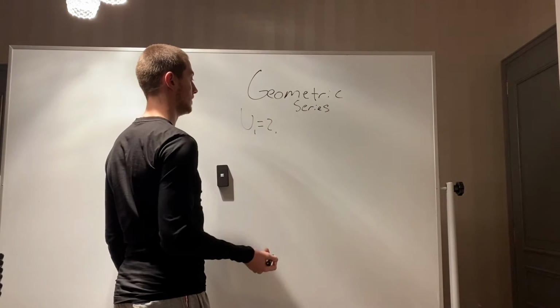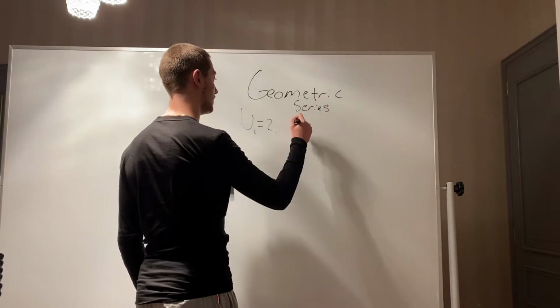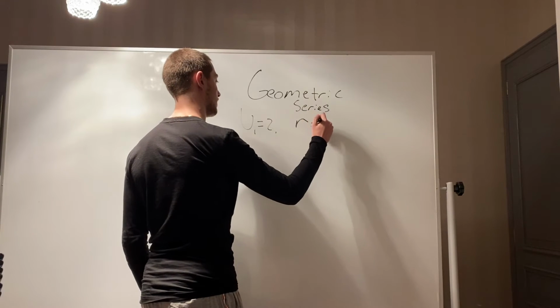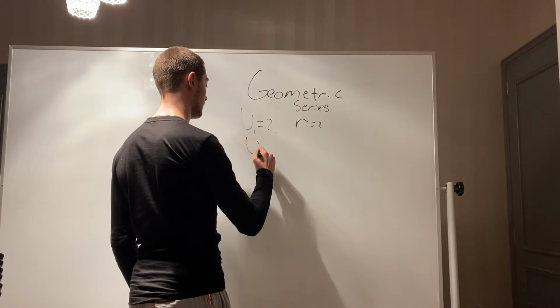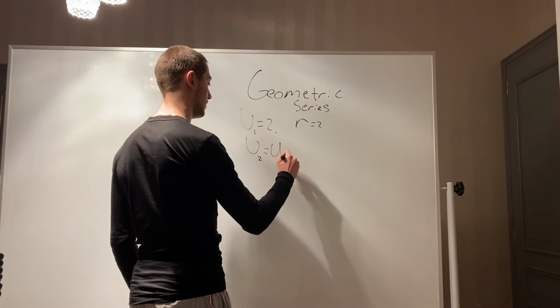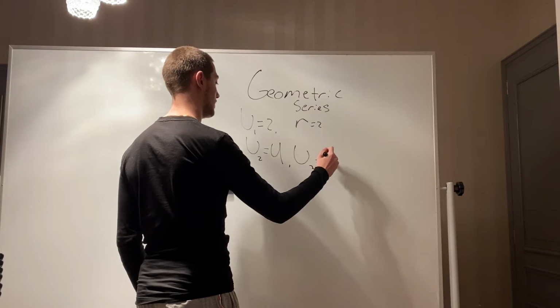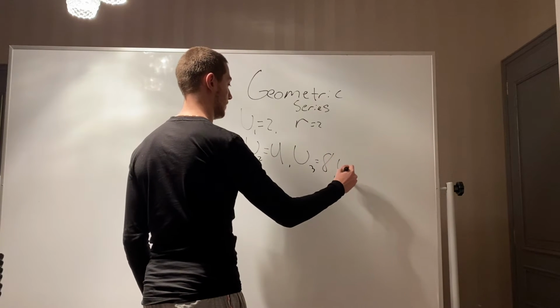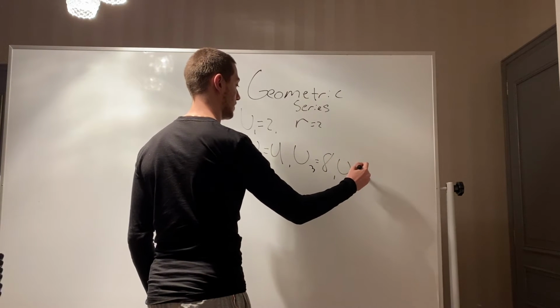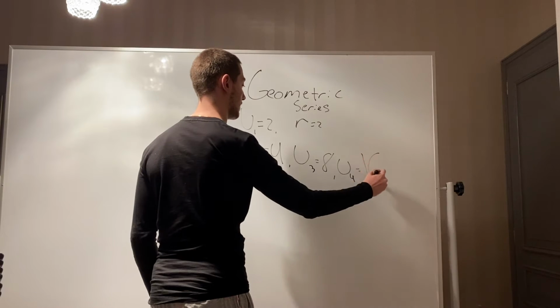And we're going to have a ratio of 2. And that means that our second term will be 4. Our third term will be 8. And our fourth term will be 16.